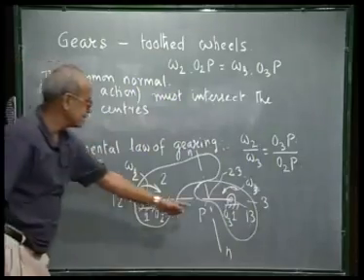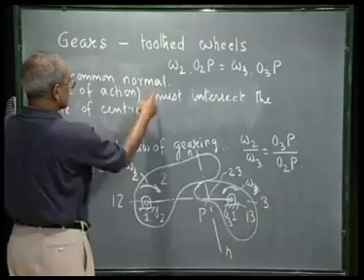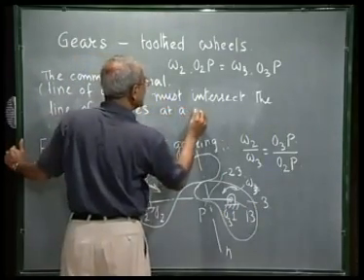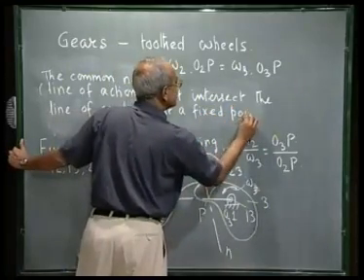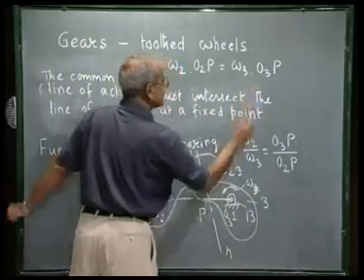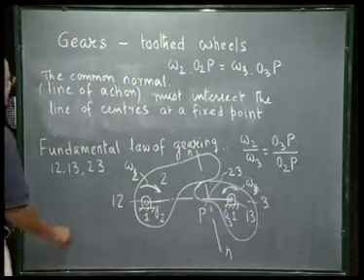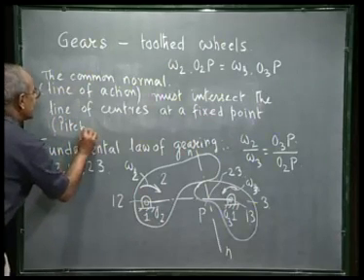O2 is the center, O3 is the other center of the gear. The common normal must intersect the line of centers at a fixed point. Then only the constant angular velocity ratio is maintained, and this is known as the fundamental law of gearing. This fixed point, as we will see, will be called the pitch point.